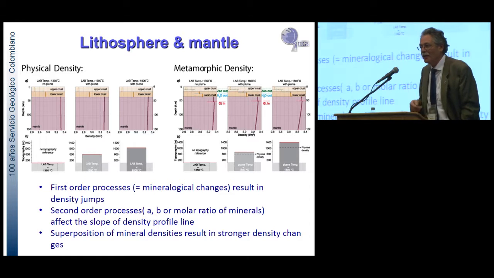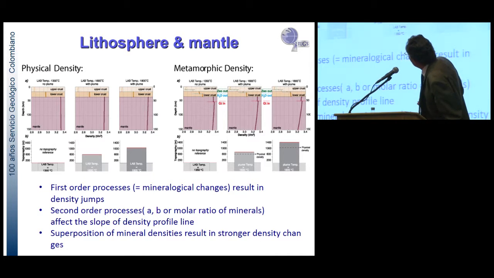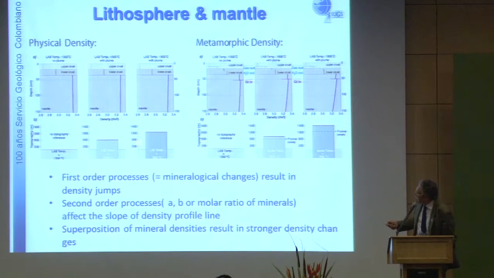Everybody knows this. Rifting is uplift due to hot lithospheric mantle. And if you look at these diagrams, you can see that this line here is slightly inclined. It means that the density down here is a little bit lower than the density up here, and that's why we have this buoyant force.